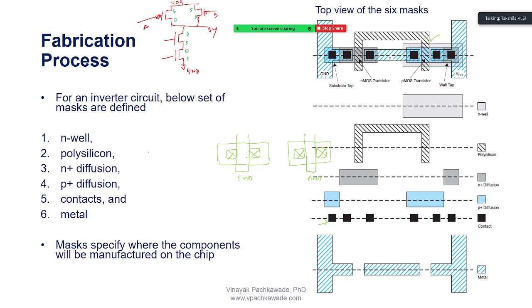And then what I do here is that I have NMOS here, for instance, so I'll use another mask right here.